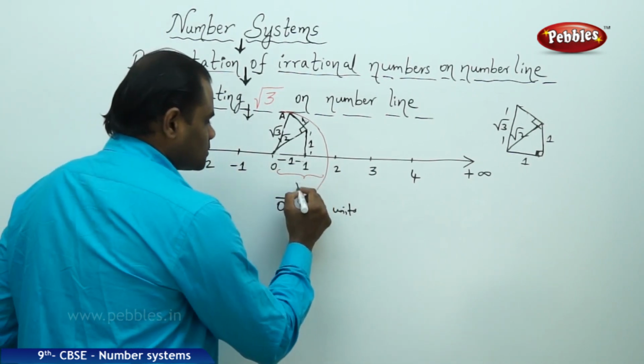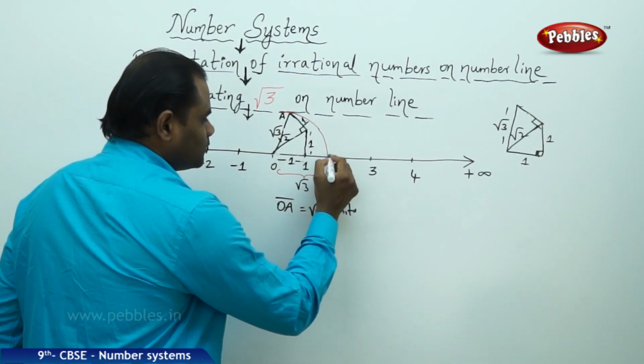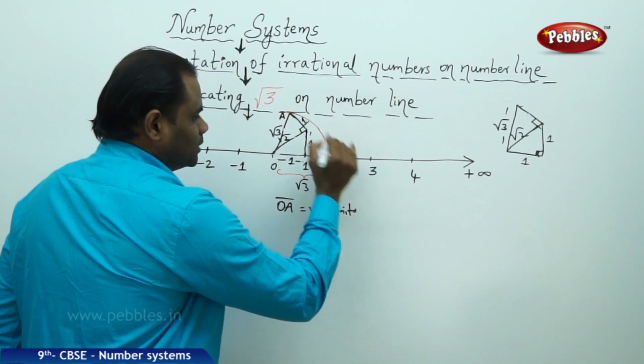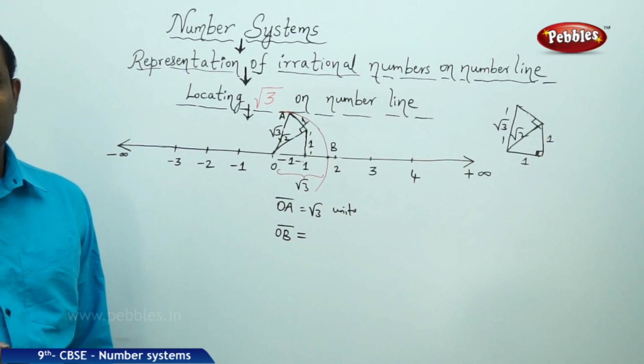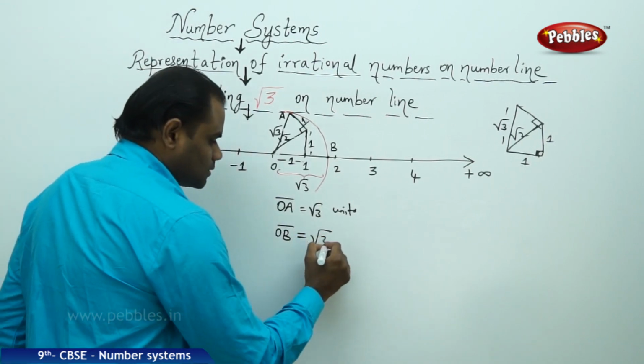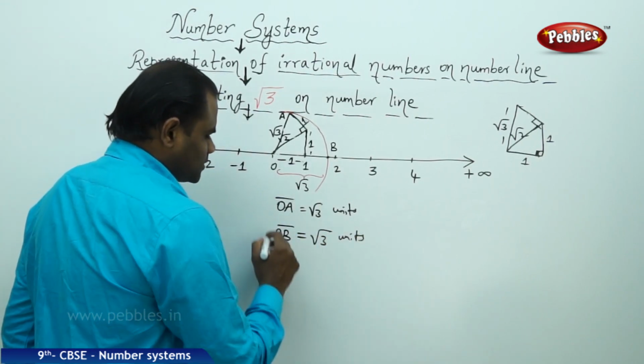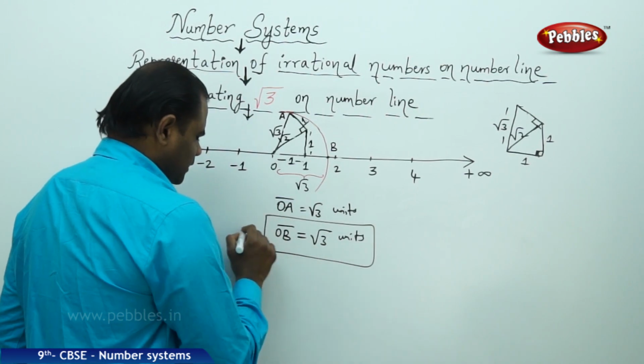So this distance is root 3 units, which cuts, say, at the point B. So my OB on the number line is root 3 units, which I construct on the number line.